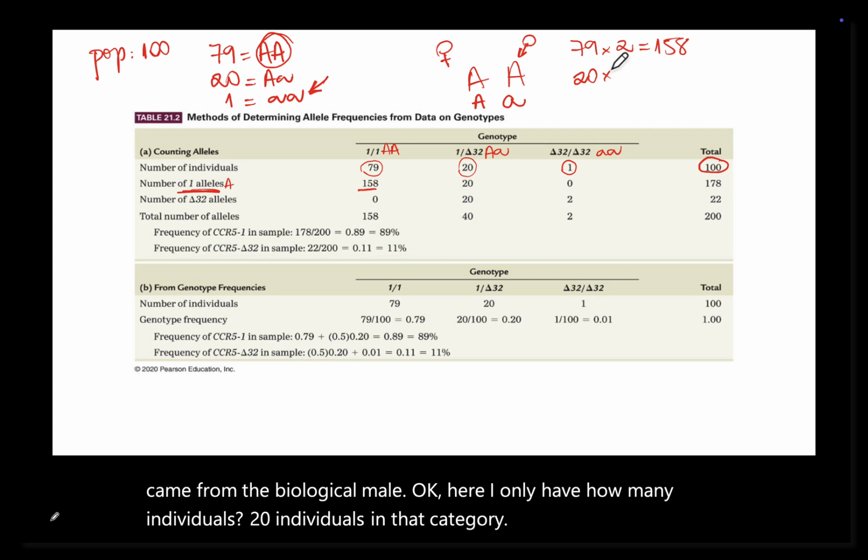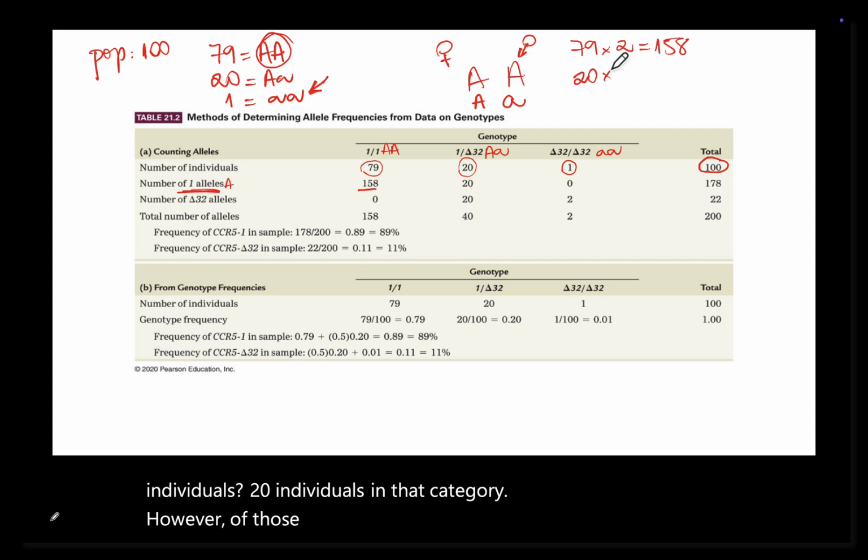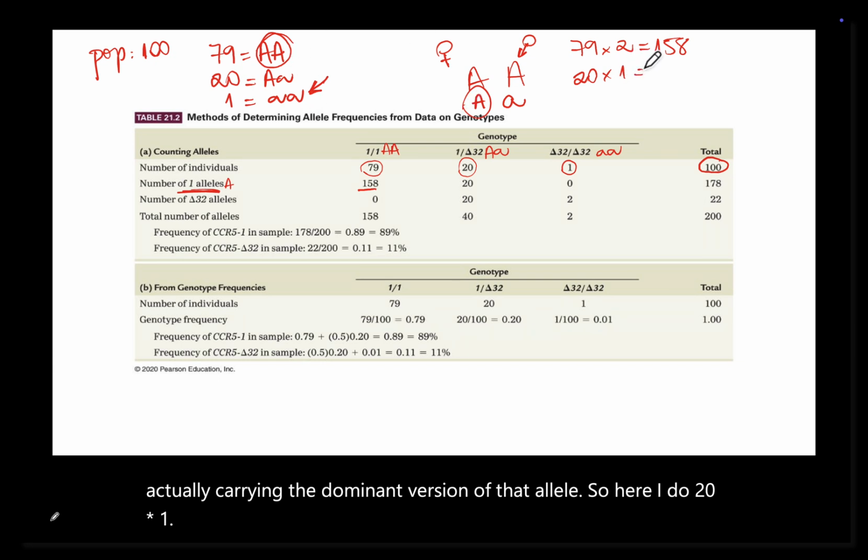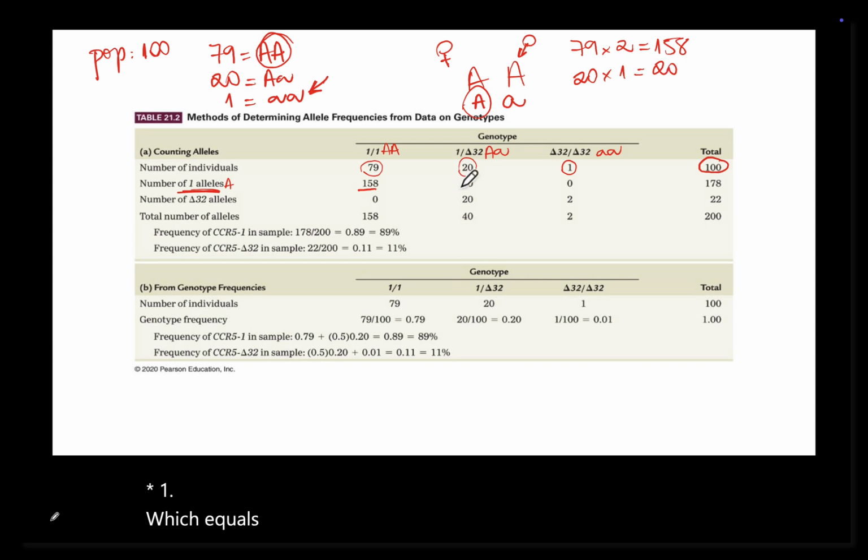However, of those 2 alleles present in that organism, only one is actually carrying the dominant version of that allele. So here I do 20 times 1, which equals 20, and that is represented right there.